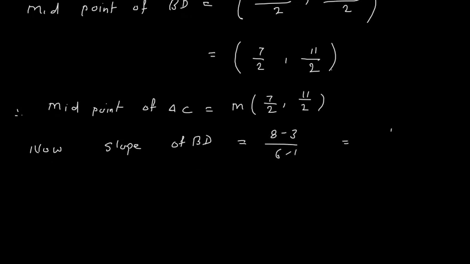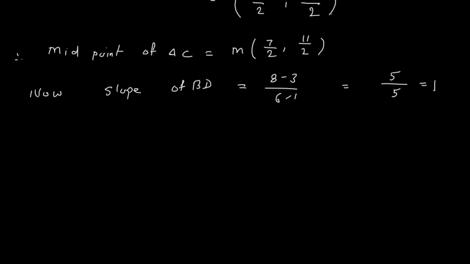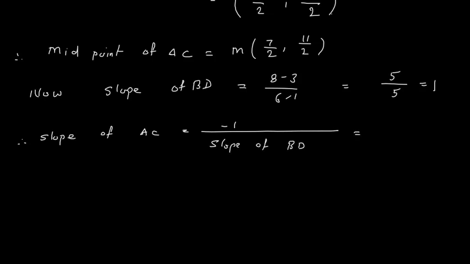This gives me 5 divided by 5, which is 1. This is the slope of BD. Therefore, as AC is perpendicular, slope of AC is equal to -1 upon slope of BD. So this gives me the answer as -1.